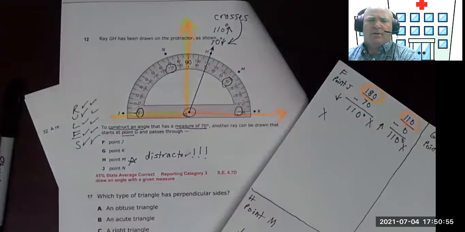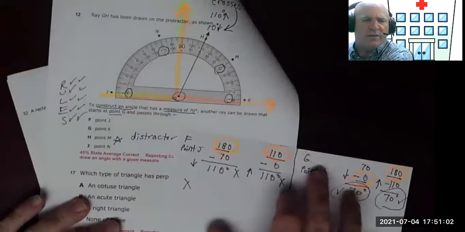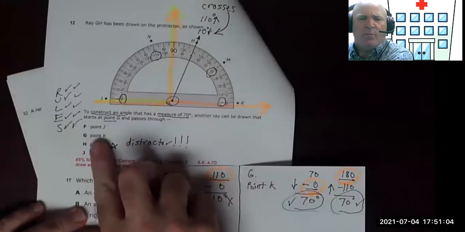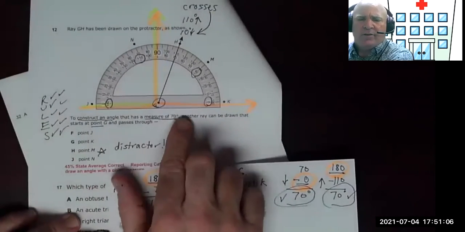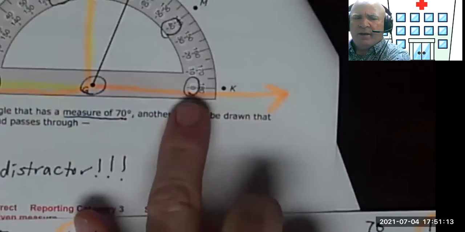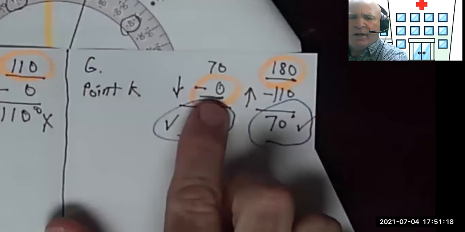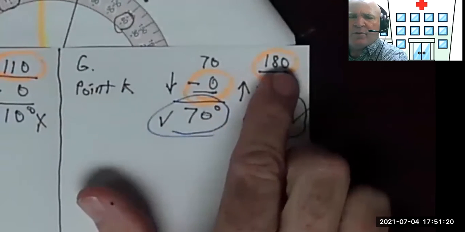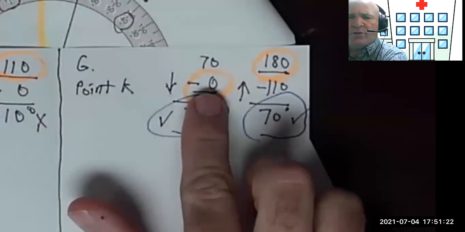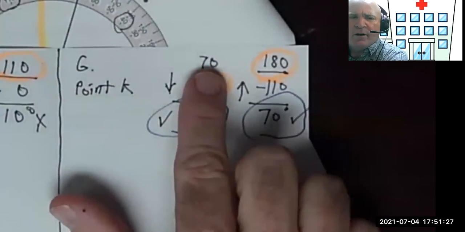Okay, so let's go ahead and check. Letter G says point K. And so we have, if I zoom in for you, a 0 on the bottom and a 180 on the top. So there's your 0 on the bottom and your 180 on the top. So difference, you subtract. So we're going to subtract always with a bigger number on top.